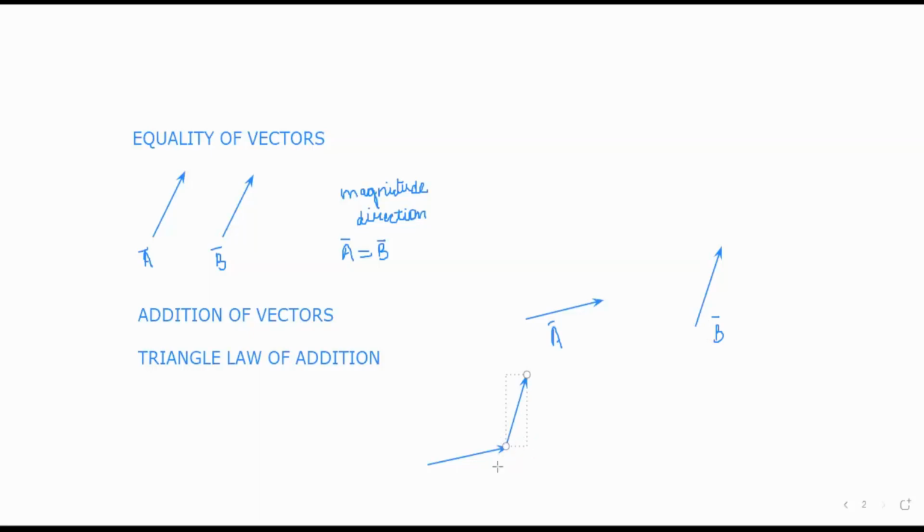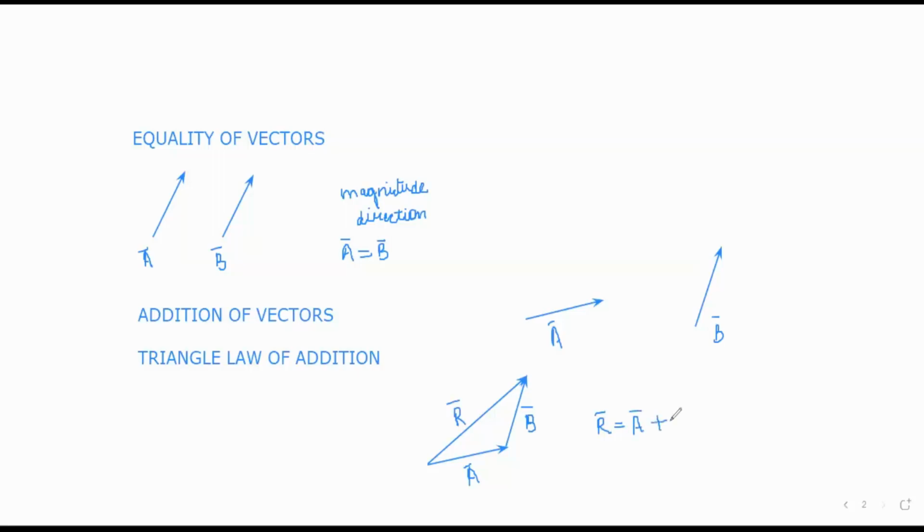Here the tail of B coincides with the head of A. Then we simply join the tail of A to the head of B. This is A, we have shifted our B vector in this way, this is B, and this is our R, the resultant vector, which is A plus B. R is also a vector.